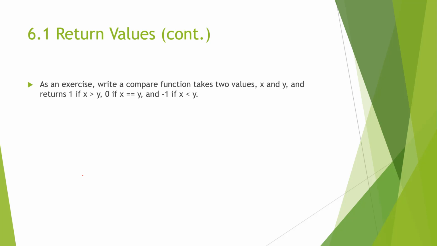We can actually write that if we want to verify. At the end of 6.1, it asks as an exercise to write a compare function that takes two values, x and y, and do these computations. So let's see if we can do that.